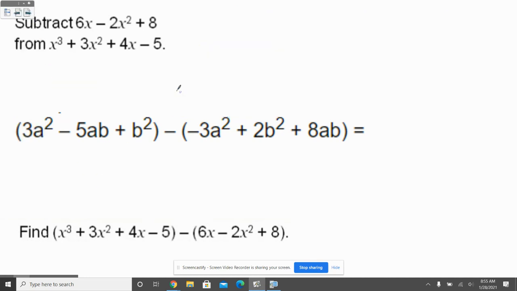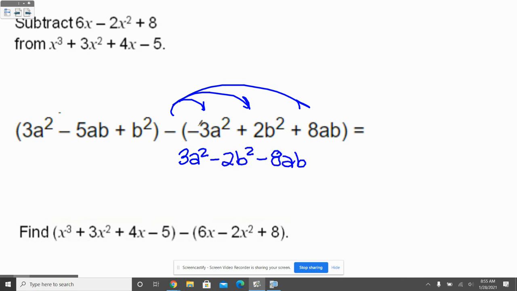Okay. So I'm going to go ahead here and distribute this piece as well. This one's a 2 variable, so don't worry about the standard form again. That will be a 3a squared, a minus 2b squared, and a minus 8ab after I distribute that negative. And now I'm combining like terms. So I have 3a squared and I have another 3a squared, because look, that was 3a squared minus a negative, which becomes plus a positive.